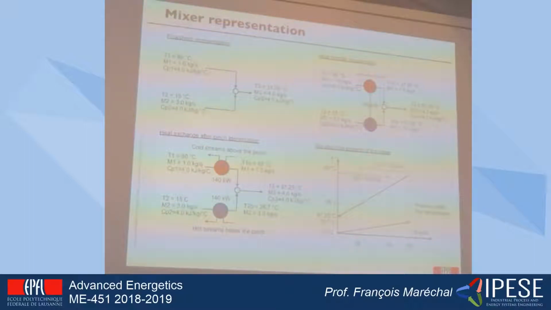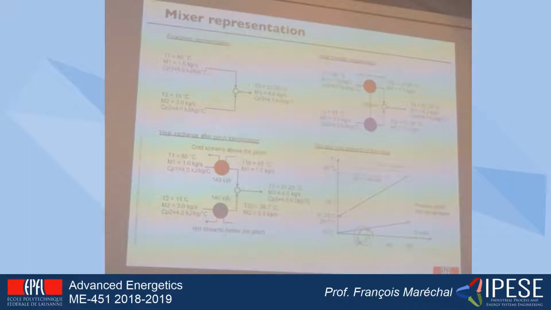So now if at the level of the system the pinch is at 45 degrees C, it means that this stream needs to be cooled down from this temperature to 45 by doing heat recovery above the pinch, which means that only the part from 45 to 31 can be done directly in the mixer here.